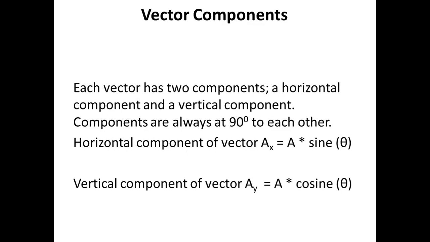But this is case to case depending on the direction of our analysis. It's either with respect to the x or y axis. In this case, the representation of the horizontal component here is A sine of theta, so the analysis of the horizontal and vertical components is taken with respect to the y-axis.